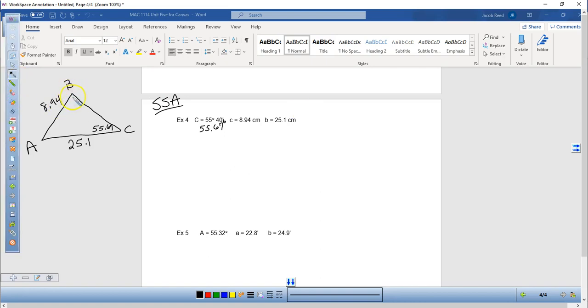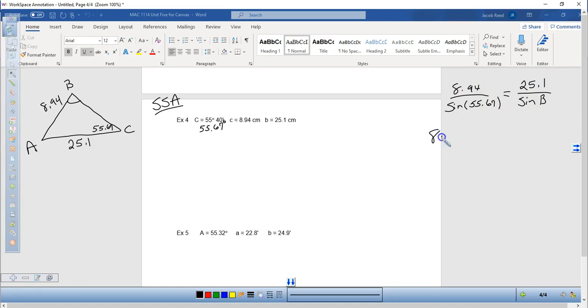Let's go ahead and find angle B. Setting up what we know: 8.94, that's side C, over the sine of angle C, 55.67, has to equal 25.1 over the sine of angle B.